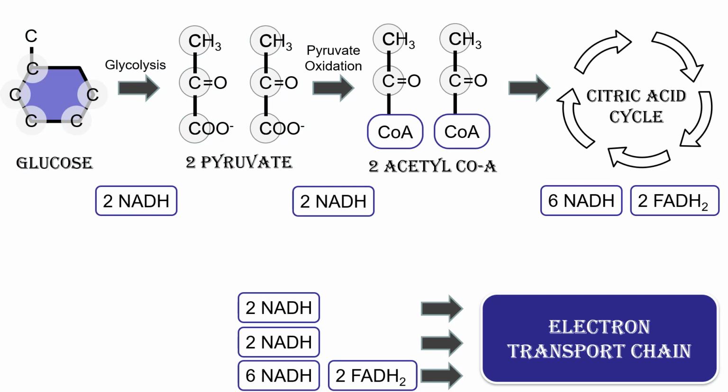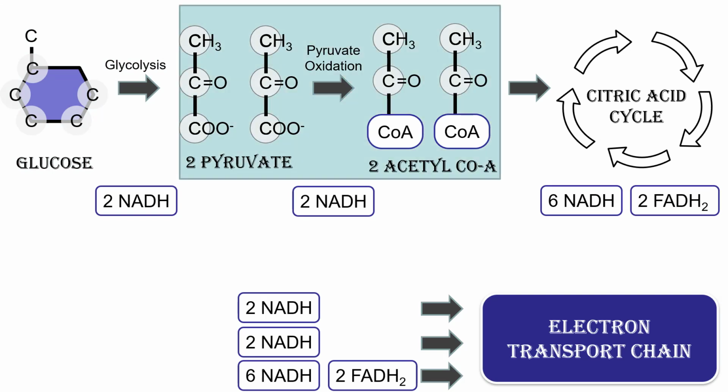Now the second stage is pyruvate oxidation. So in pyruvate oxidation, 2 pyruvate molecules are modified to become 2 acetyl-CoA molecules. Now, CoA is a coenzyme. It's going to pick up the product of pyruvate oxidation, which is this acetyl group here. So if we count the carbons here, 2 pyruvate molecules have 6 total carbons. The 2 acetyl-CoA molecules have 4 carbons.